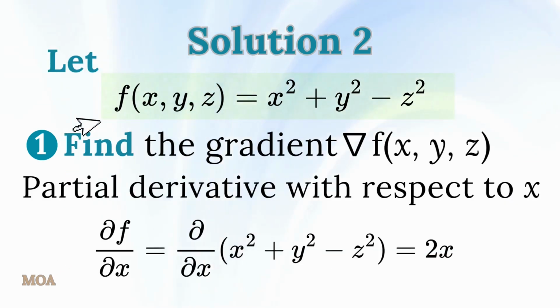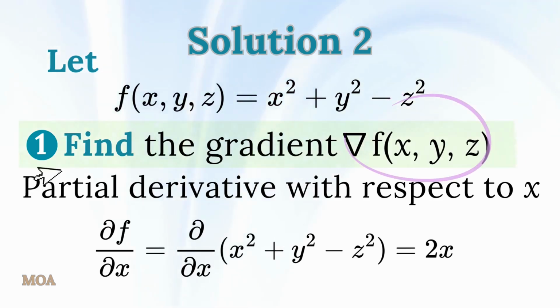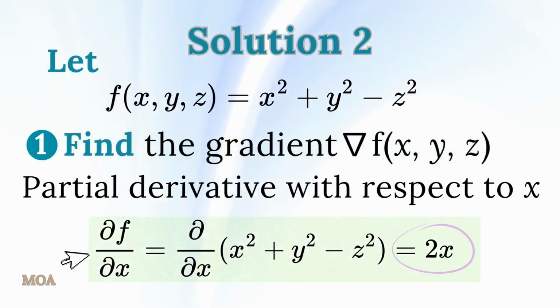In this part, we consider the function f of x, y, and z equals x squared plus y squared minus z squared. To find the gradient of f of x, y, and z, we adopt the same method used in the previous example. We begin by calculating the partial derivative with respect to x, holding y and z constant.